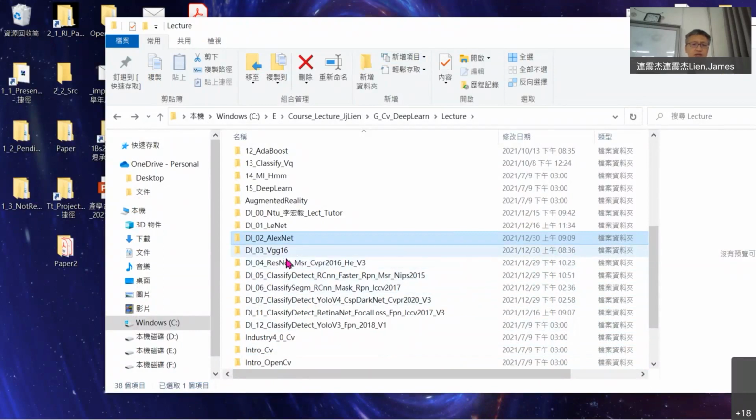Can you see or not? We already taught LeNet, and today I'll finish AlexNet, and then we'll teach VGG16, and then ResNet. So all four are the very basic, important backbones of deep learning.